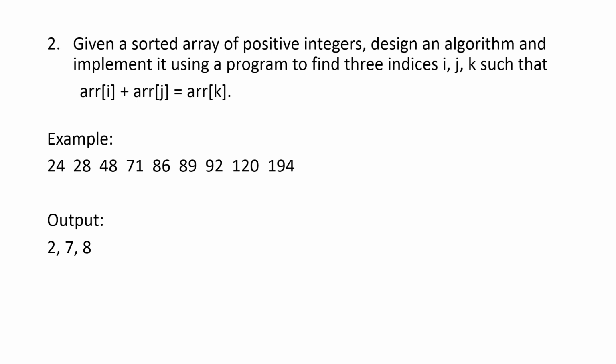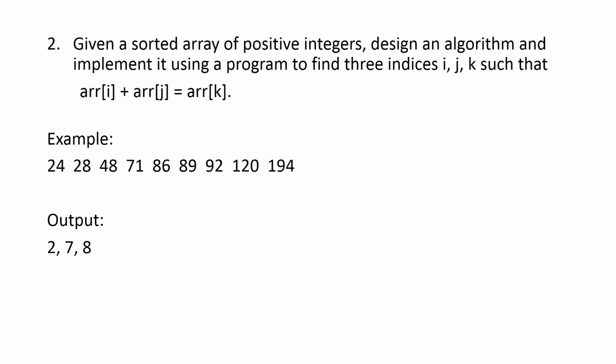Again, 95 is not present in the array. So I will look ahead: 89 and 24. If you sum them, the sum is not present in the array either, and so on.